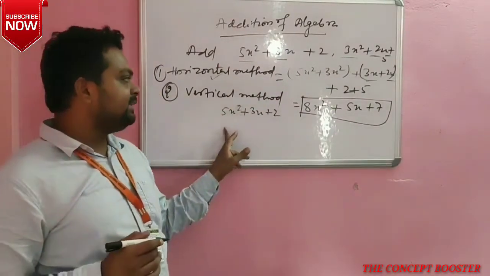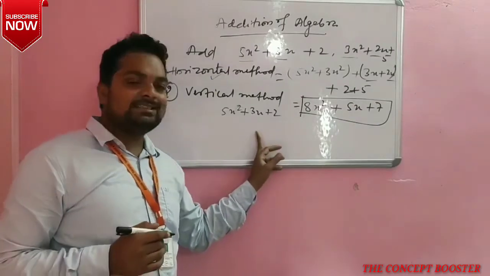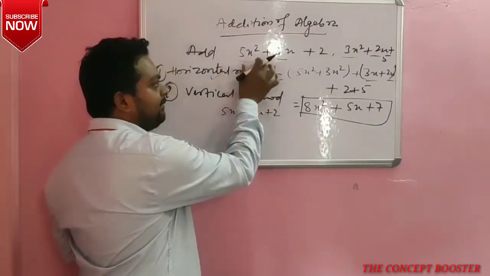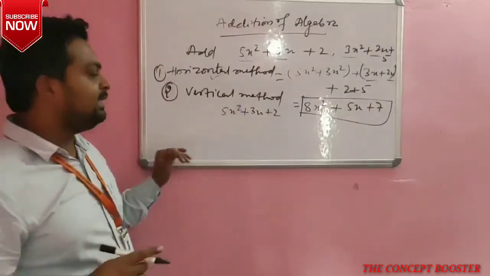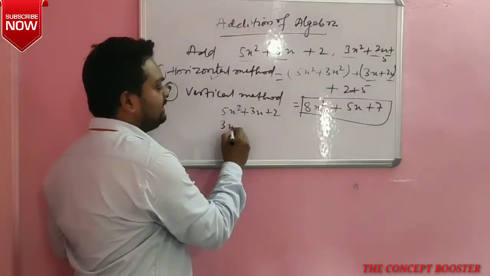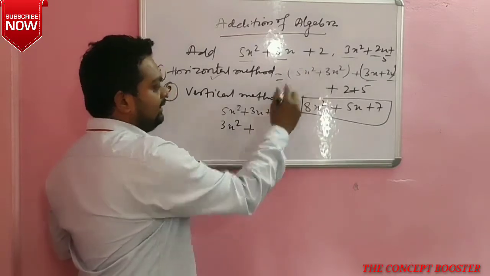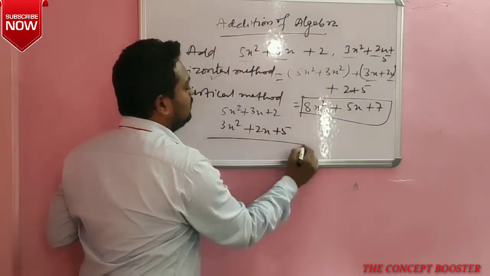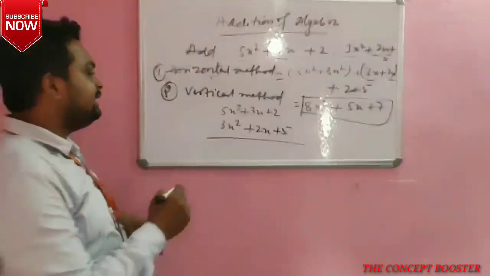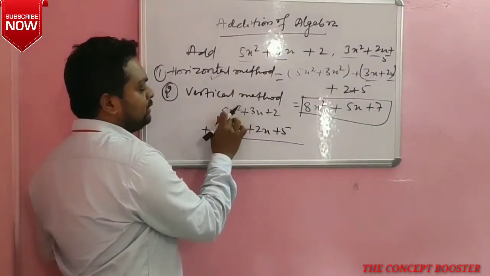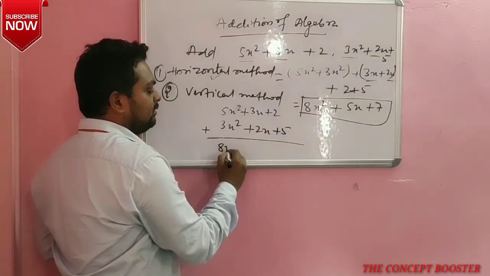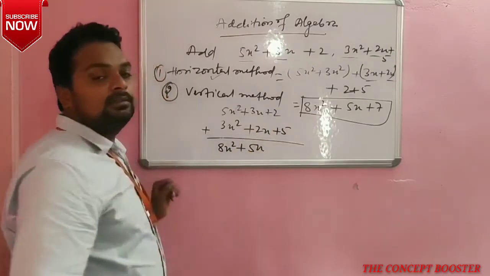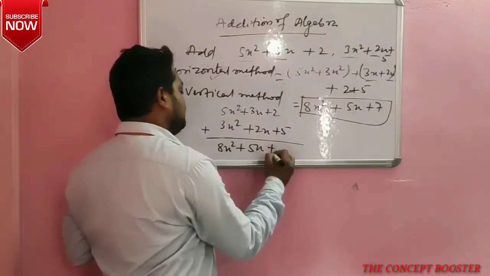Okay, you cannot write 2x here and 3x square here. So keep in mind that 5x square and 3x square will be written in front of each other, like 5x square, 3x square, then plus 2x, and then 5. Okay, so you can do it like this, where you can put plus. So 5 plus 3 is 8, x square, 3 plus 2 is 5, x, and 2 plus 5 is 7.